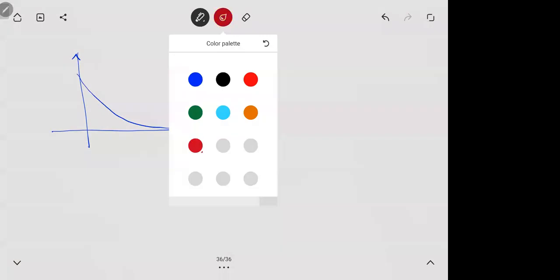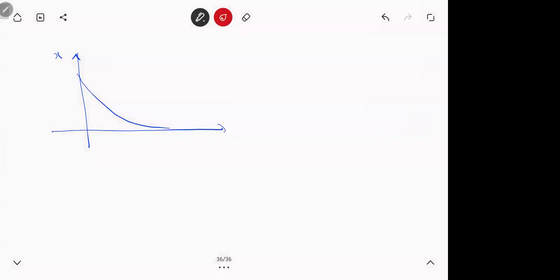Look at A. Slope is like this, slope is negative and decreasing. Now, in an XT graph, what is the slope? Velocity, right? Velocity is negative and decreasing.